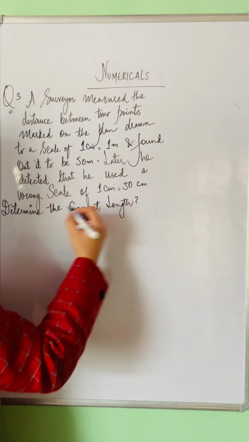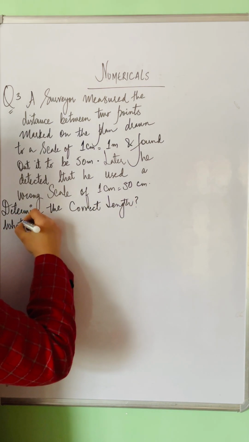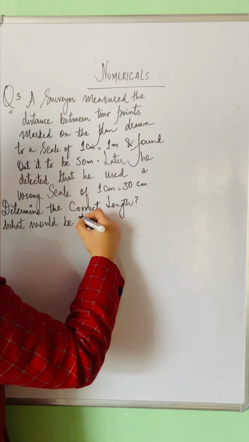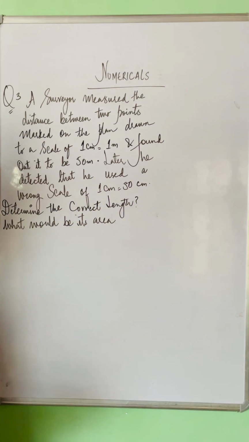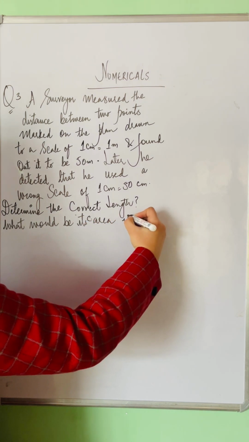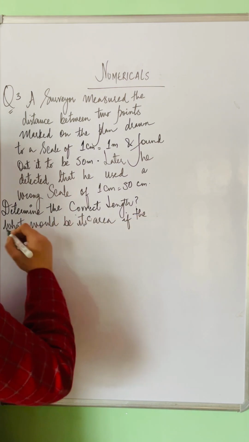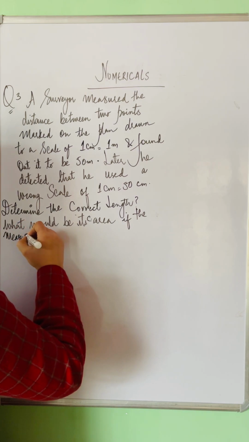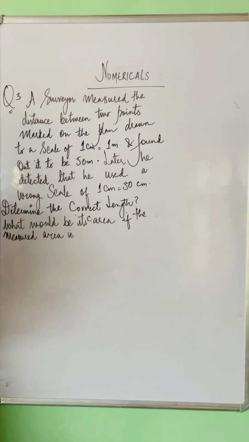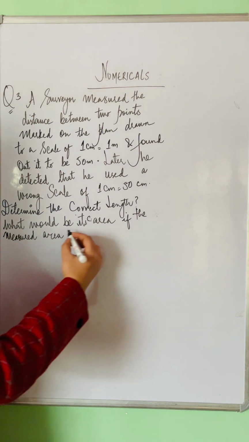This is the first part of the question. And what would be its correct area if the measured area is 60 meters square?